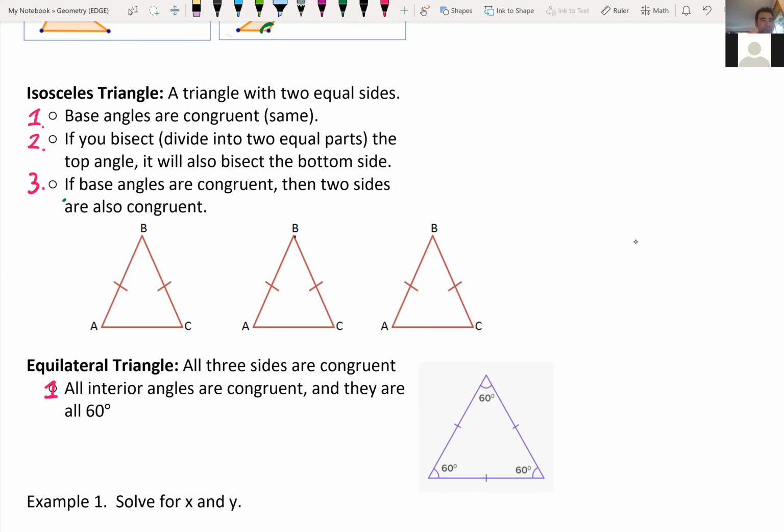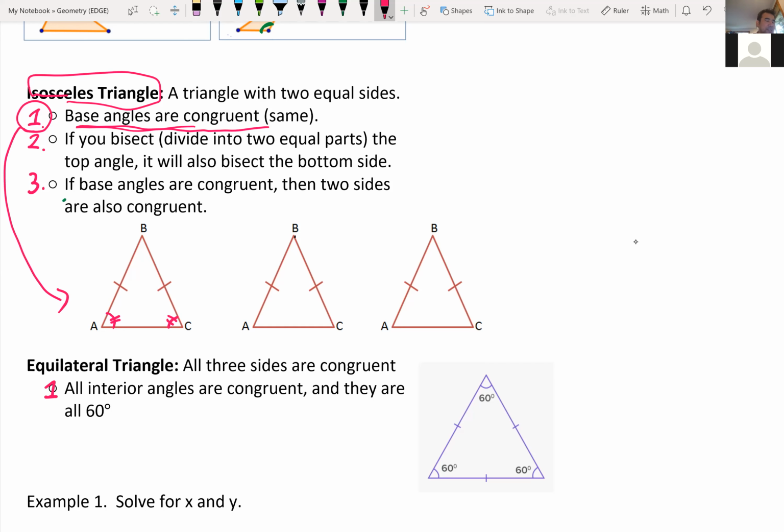Next, there's the first property right here. If you have an isosceles triangle, then the base angles are also congruent. They're the same. In the picture, these bottom two angles are going to be the same.